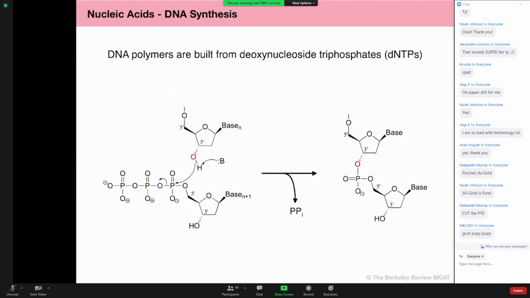It's the 3' hydroxyl that actually is going to attack the alpha phosphate of the new base that you're going to add, and you'll break off these 2 phosphate groups, right? And then you'll add 1 base to your growing sequence. Okay. So this 3' hydroxyl is key here for DNA replication. All right. This should all be reviewed.